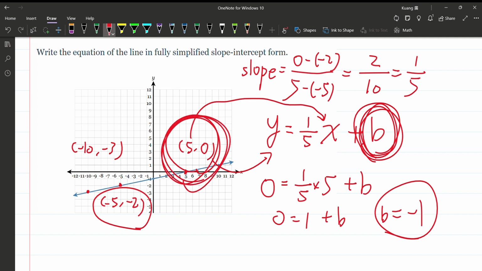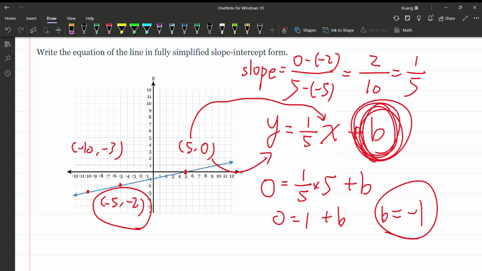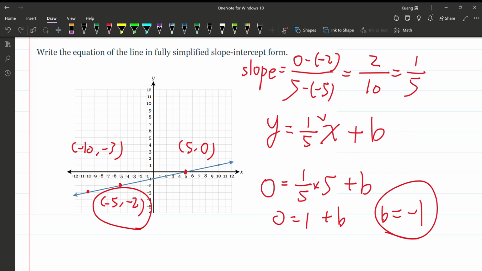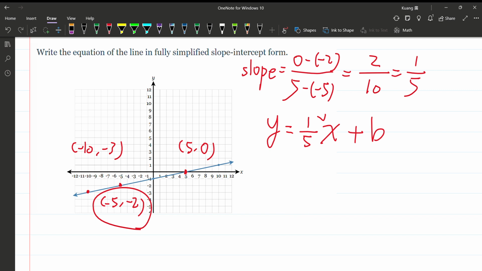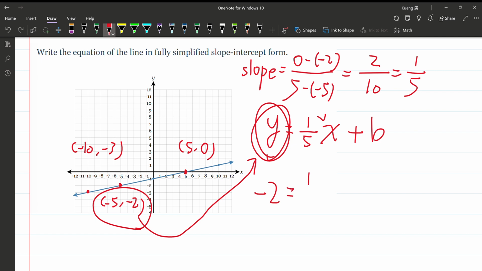So we use this point to find the value of b. Of course, we can use another point to find the value of b. Let me show you. Maybe we use this point, all right? So y is -2, equals 1/5 times x. x now is -5, so times -5, plus b.